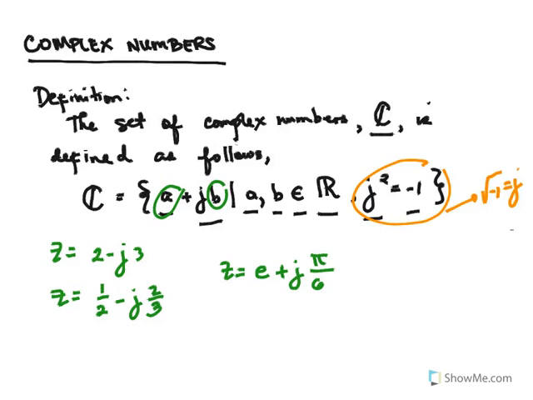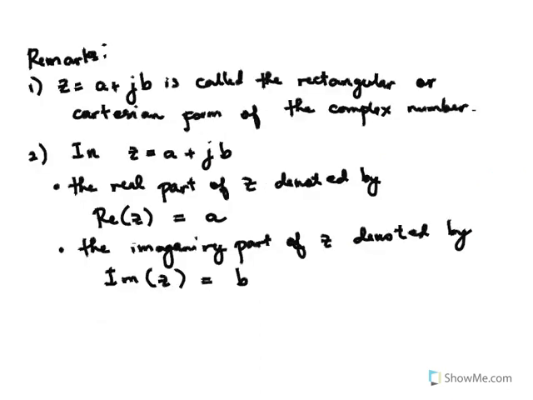Okay. Now, for a given complex number z equals a plus jb, the real part of the complex number z, denoted by Re of z, which stands for real part of z, is equal to a, and the imaginary part of the complex number z, denoted by Im of z, is equal to b.